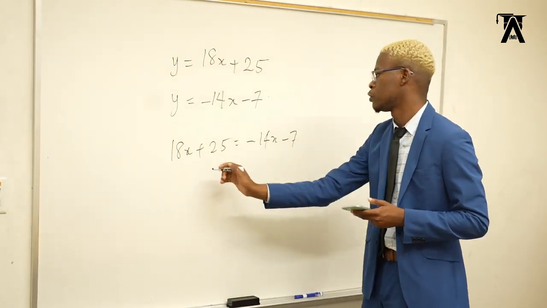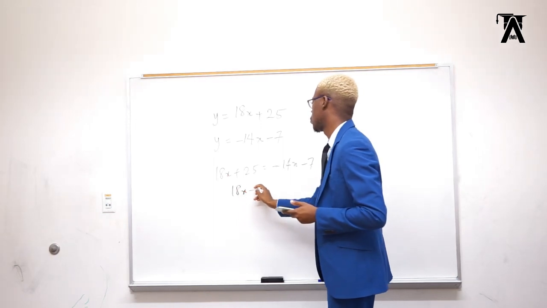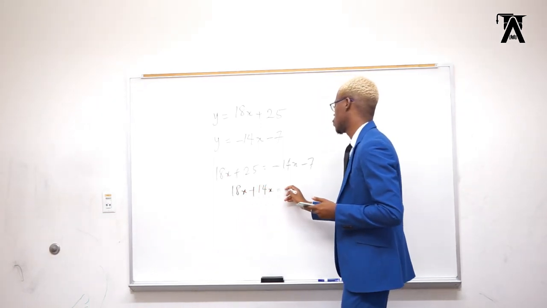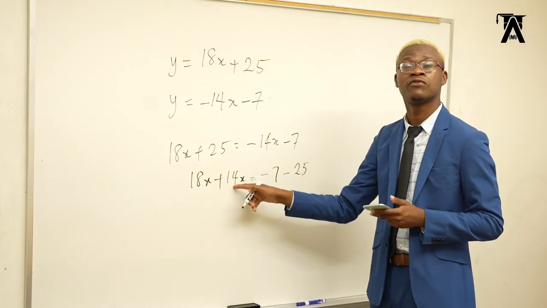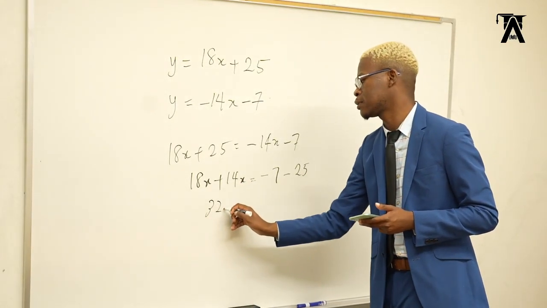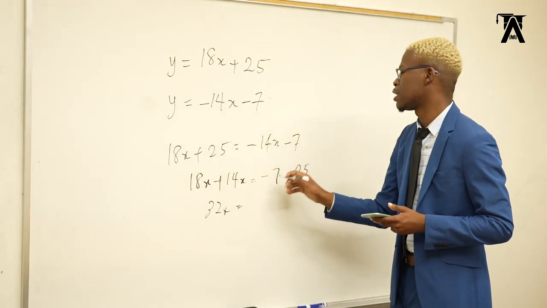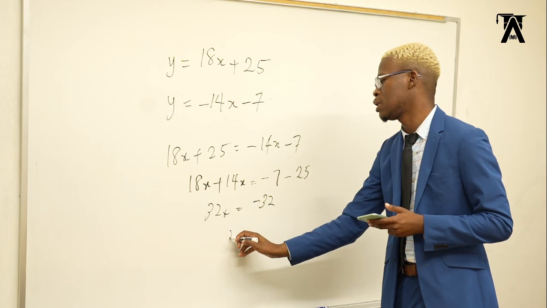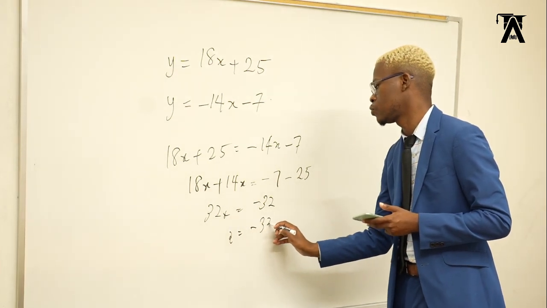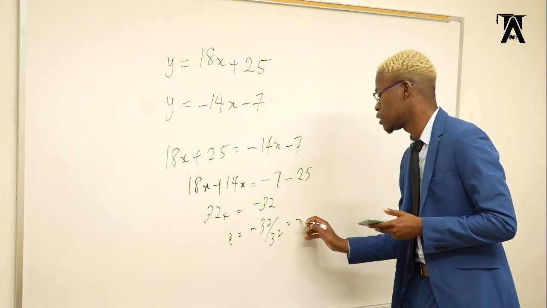Then I solve here. So I have 18x plus 14x equals negative 7 negative 25. 18 plus 14 is 32x equals negative 7 negative 25, which is negative 32. So here x is negative 32 divided by 32, which is negative 1.